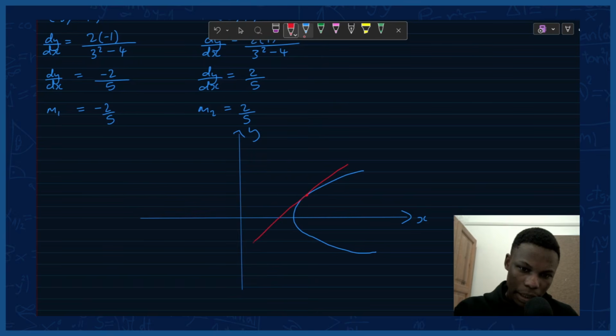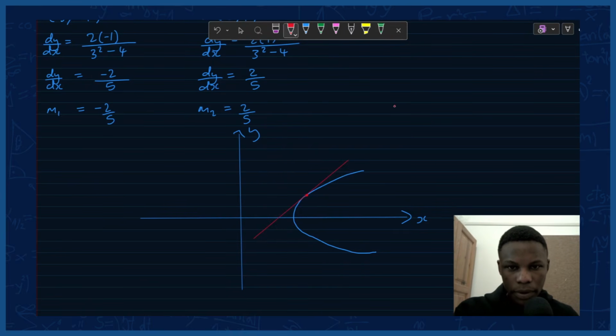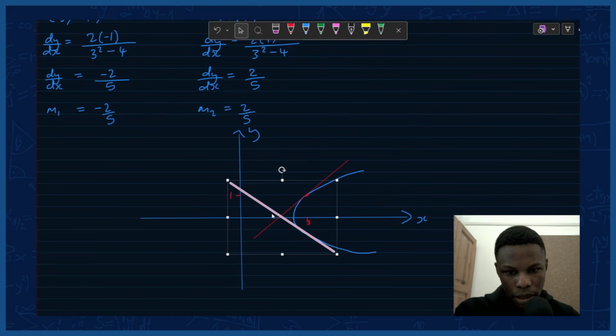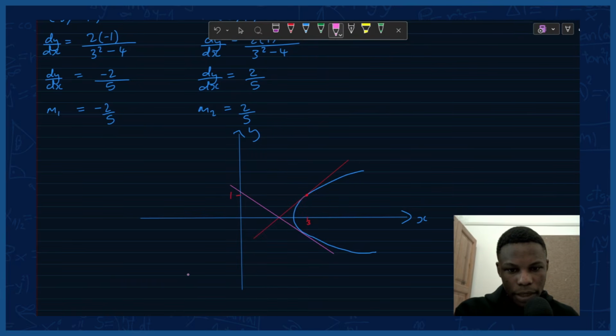So I've got a tangent where x is 3 and y is 1. Then I'm going to have another tangent down here at y equals minus 1.